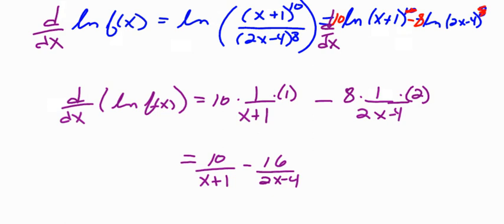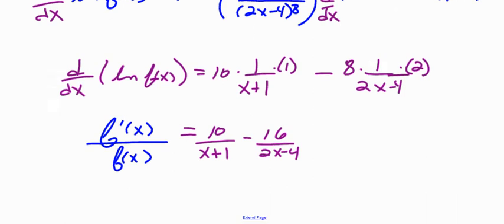I'm going to simplify the right-hand side. And then from here, I've got to deal with the left-hand side of this equation. And it turns out I can just go ahead and put this in the notation. It's going to be the derivative of the function over f of x. It's taking the natural log. So from here, long story short, I'm going to multiply both sides by f of x.